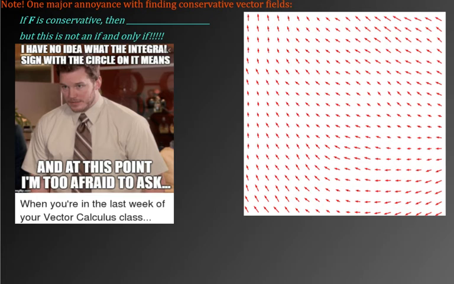What is true is that if f is a conservative field, then the line integral around that closed curve of the gradient of f dot dr is going to equal 0. That is true, okay?